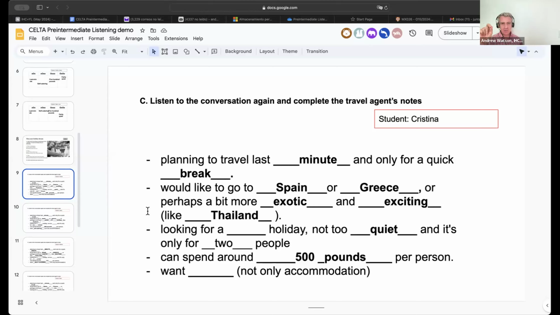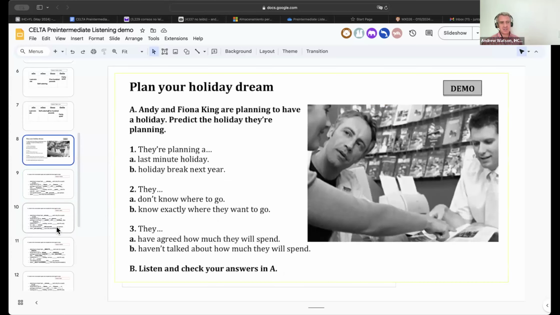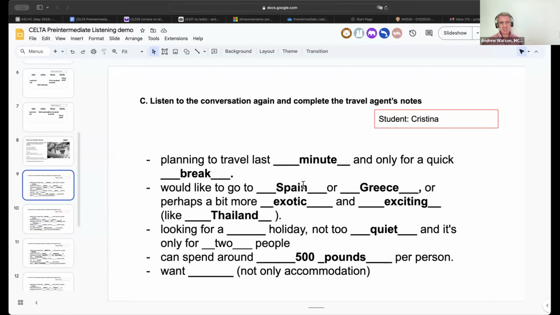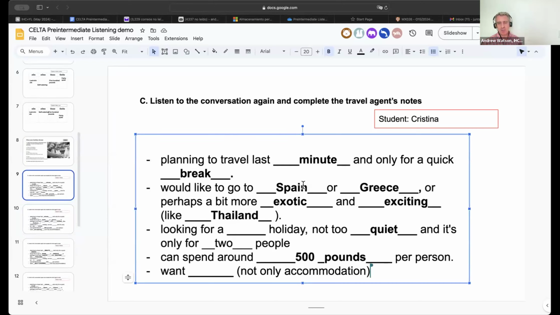You can actually hear these words. It doesn't require interpretation, because that would be more like listening for detail. But this is specific information, yeah. And most of the time, at a lower level, that's what you will be developing their listening skills in, listening for specific words, so they can extract information from the listening. That makes sense?